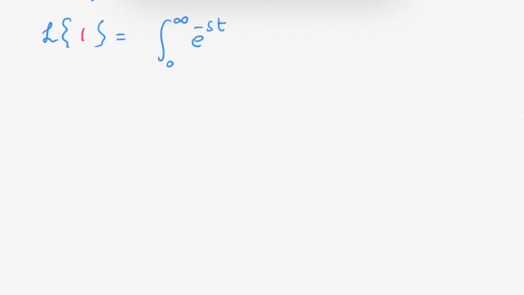Now let's find the Laplace transform of 1. So Laplace transform of 1 equals the integration 0 to infinity e raised to power minus st, and in place of f of t we have 1, so into 1 dt. This improper integral will only be convergent when s is greater than 0.